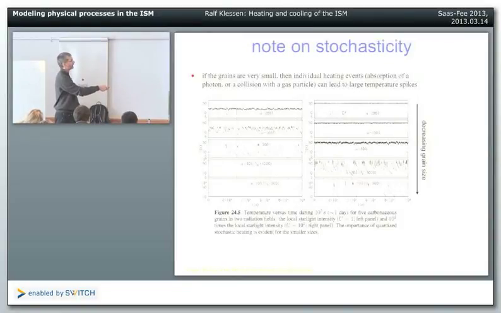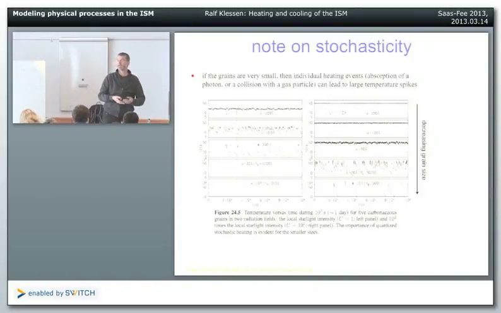You have temperature spikes, it decays again, comes another photon, etc. So you should take this into account if you talk about heating processes and chemical processes on very small grains. And usually this is not done. Usually you just integrate and say, effectively I absorb a fraction of a photon, which is not the right thing to do.